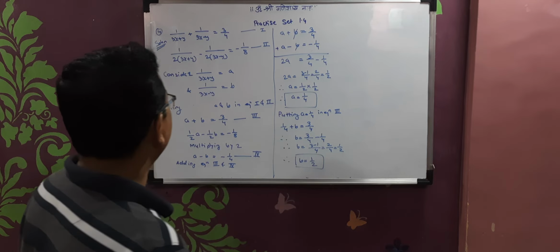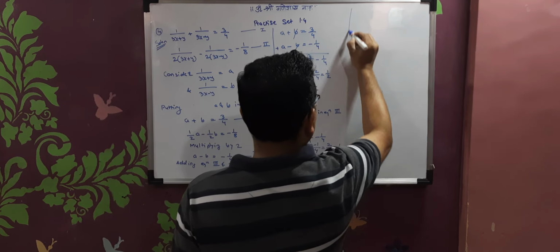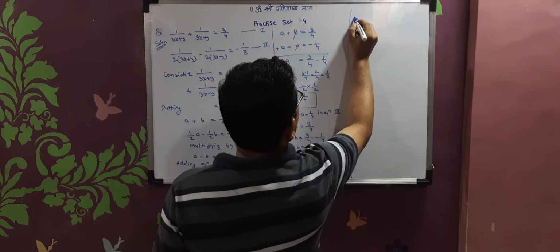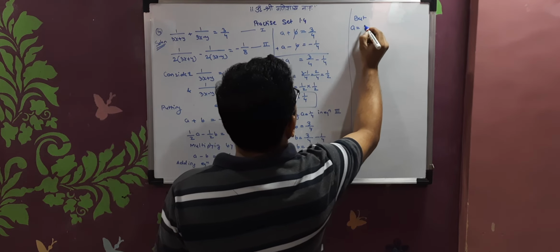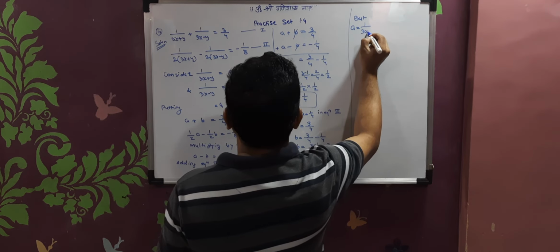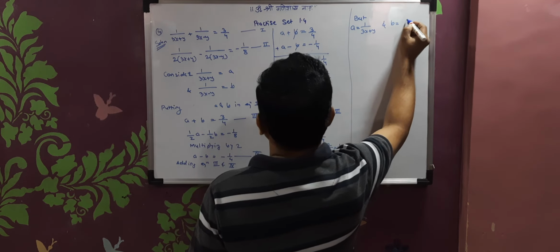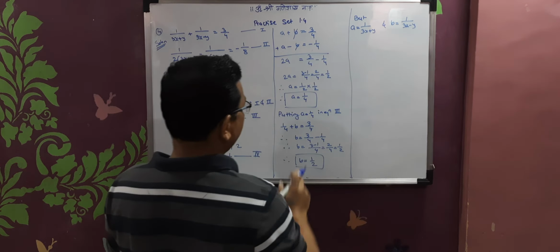Now we have to calculate the value of x and y. But A is equal to 1 upon 3x plus y and B is equal to 1 upon 3x minus y. So what is the value of A?